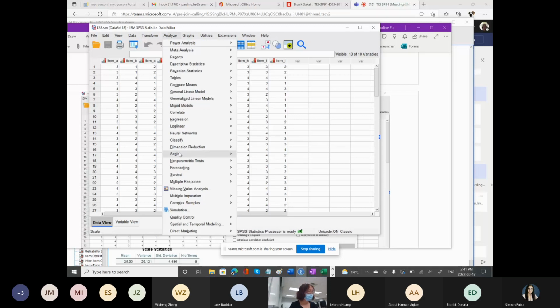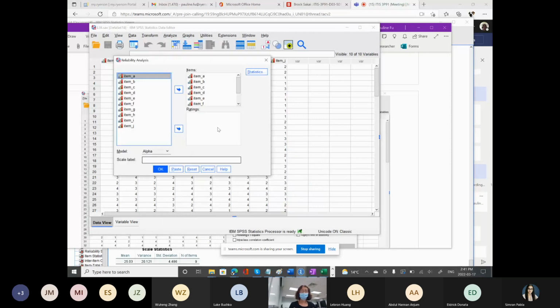Analyze, scale, reliability analysis. Quick reset button to clear everything. Reset.